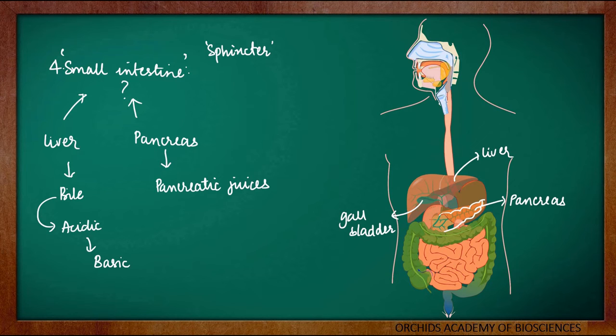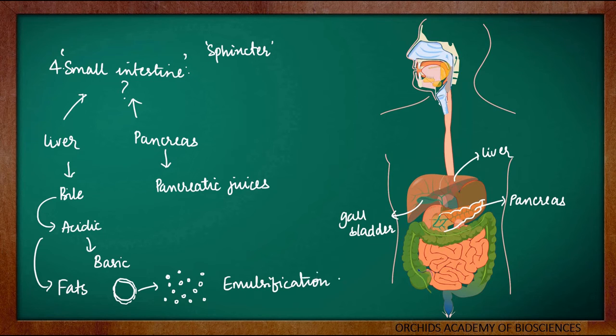So bile juice converts this acidic food into basic, and it also acts on the fats. The bigger fat molecules will be broken into smaller globules of fat so that they get more surface area for the enzymes to act upon. This process of breaking down huge fat molecules into smaller fat globules is called emulsification, and this emulsification of fats is done by the bile juice.